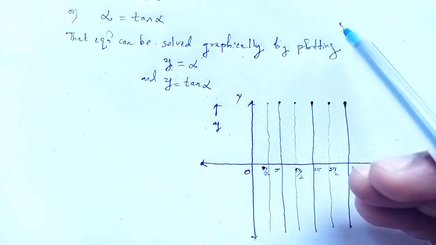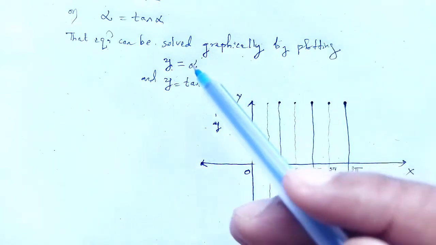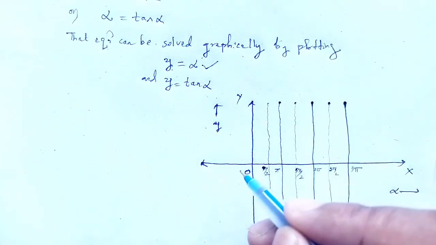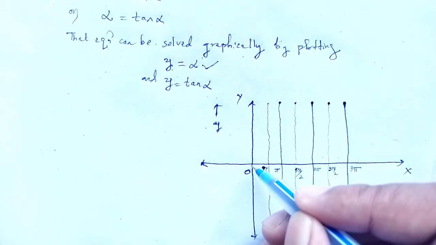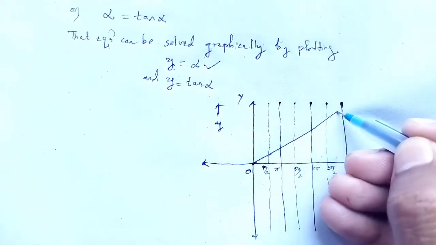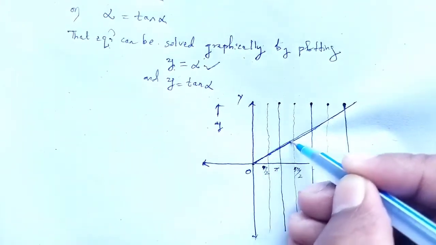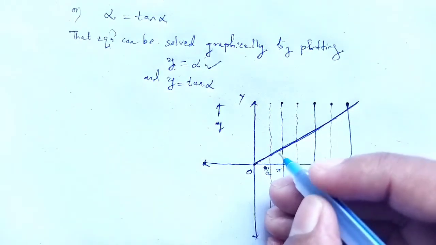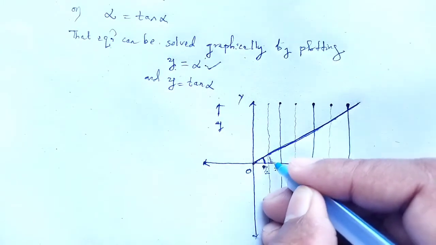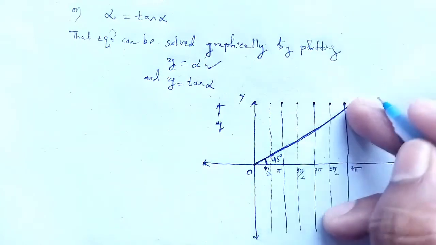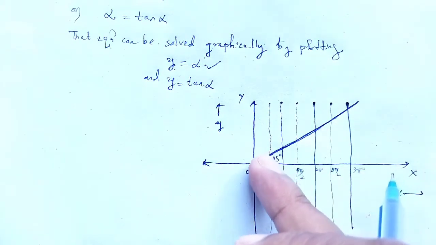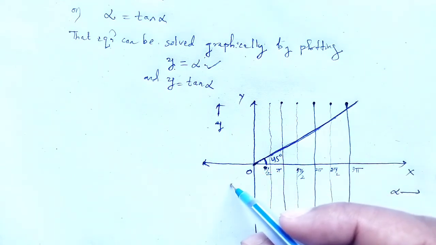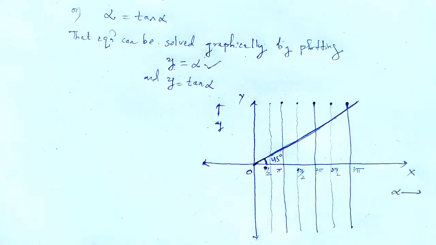What value of theta gives tan theta equal to 1? Tan 45 is equal to 1. So the line y is equal to alpha is a straight line cutting through the origin at an angle of 45 degrees. This is for the positive halves. Again the same for the negative halves; if we draw the negative halves, that straight line passes through this way.